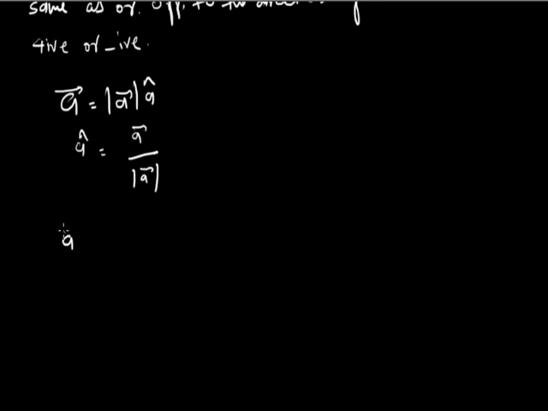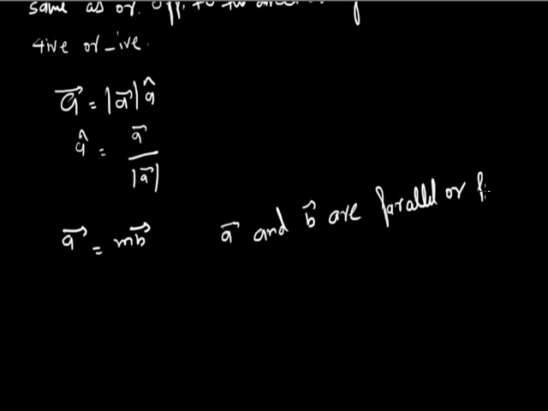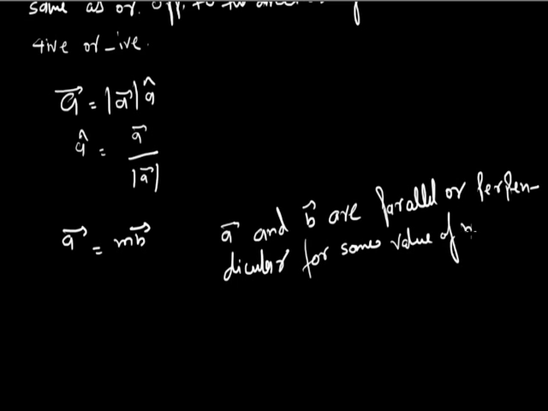Now a vector equals m b vector. The meaning of this statement is that a vector and b vector are parallel for some value of m.